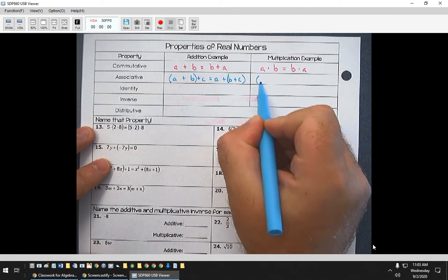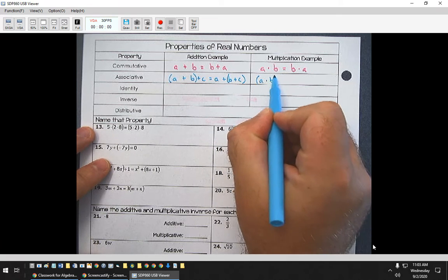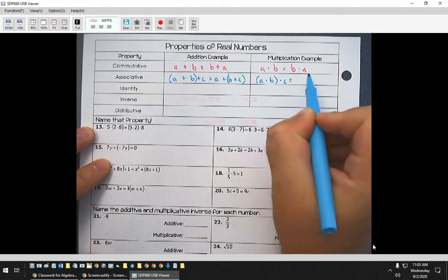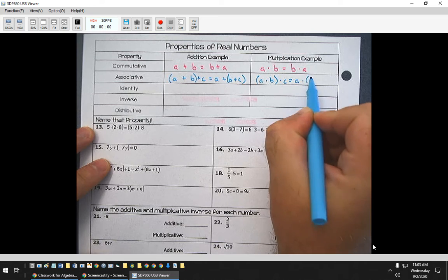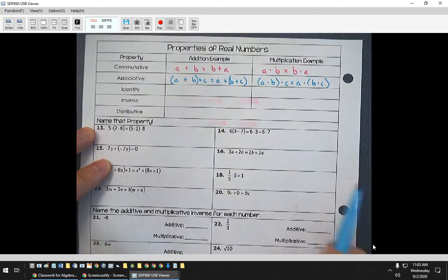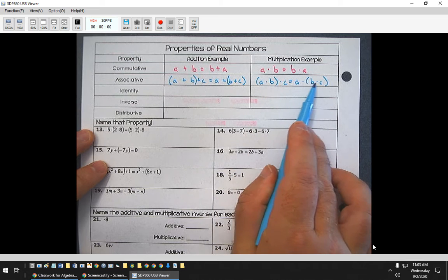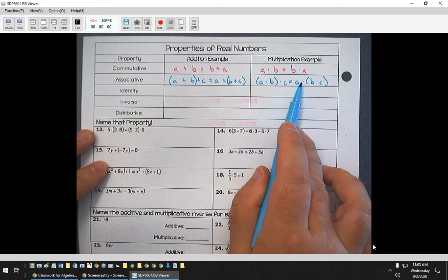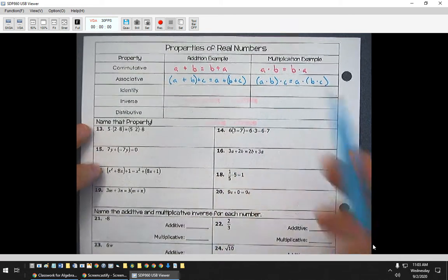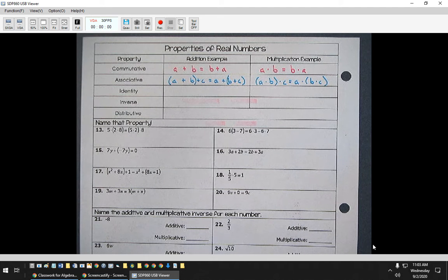The associative property also works for multiplication. So when I associate A and B first, or I associate B and C first, as long as they get associated with the other term, you're going to get the exact same result. You're going to get the exact same answer.